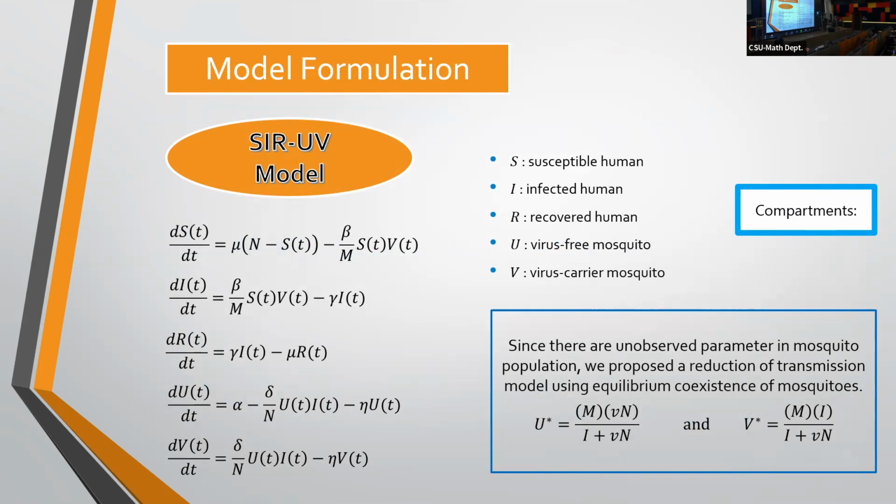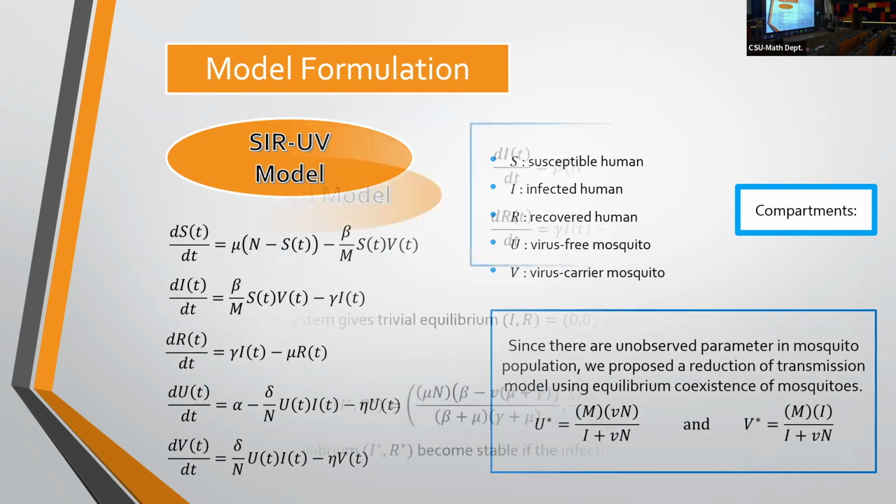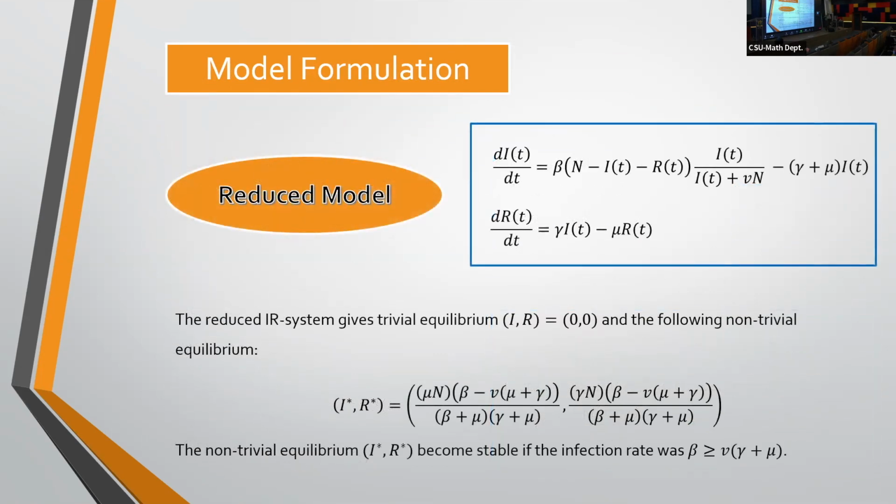So we have the coexistent equilibrium of the mosquito and replace the mosquito population in our model. So we have this model. We reduce it to only the infected compartments, and then we have this equilibrium, the epidemic equilibrium, the non-trivial equilibrium.